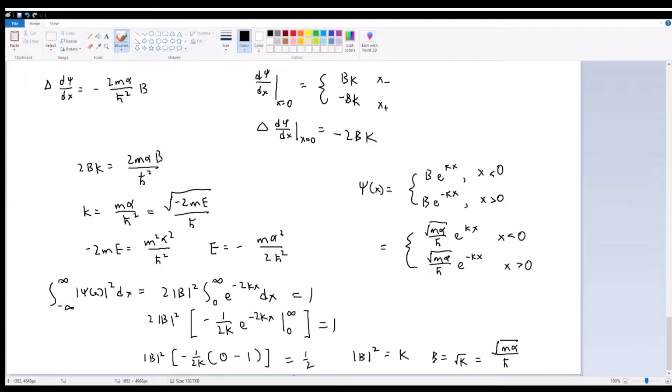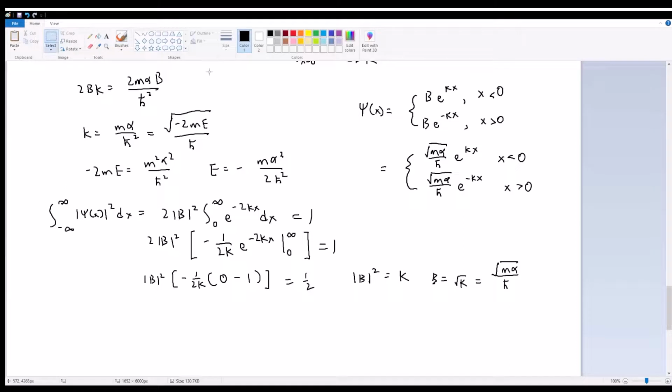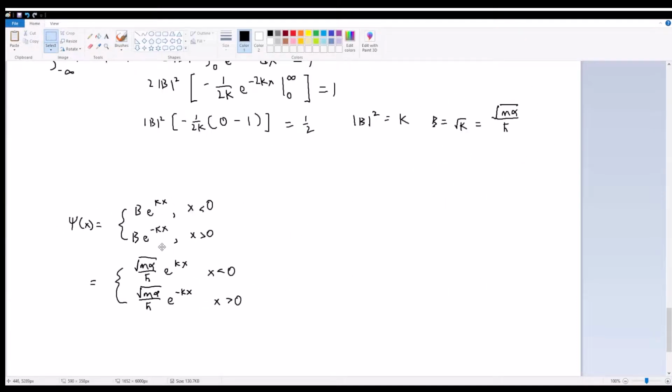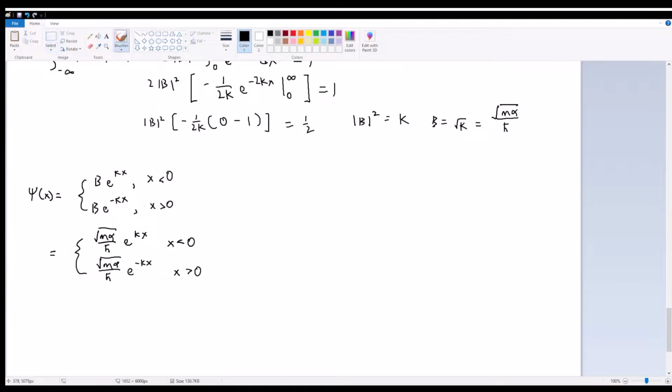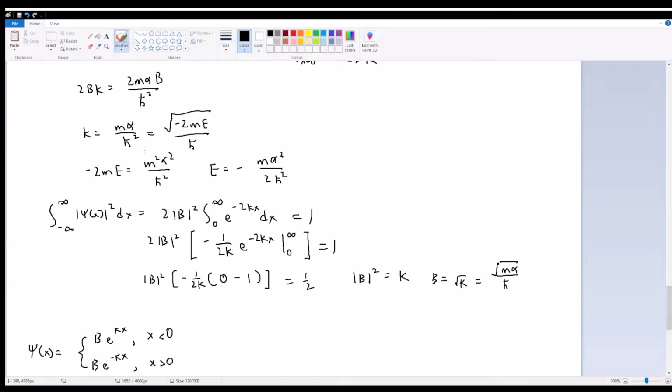And we can actually write this out further and condense this into a single equation by taking advantage of magnitudes. To do that, I'm going to make my height a little bit larger here because I'm running out of space. Okay, let's take this and move it down here. What I mean by this is that we know that k has this form: k is equal to m alpha over h bar squared.